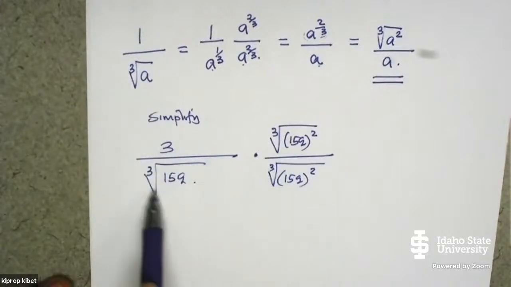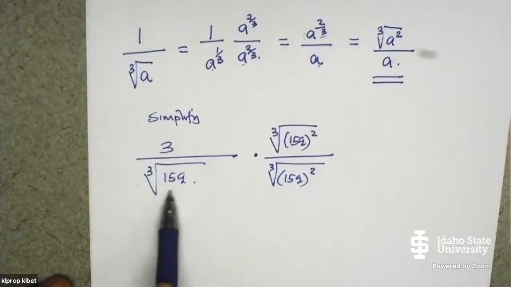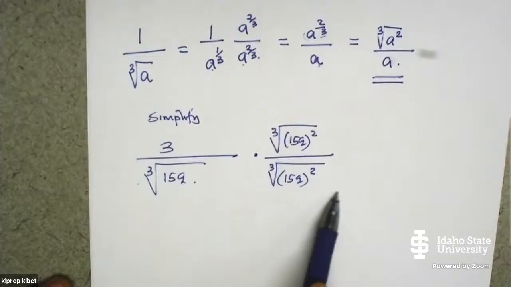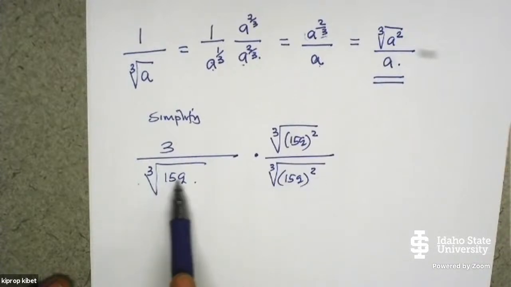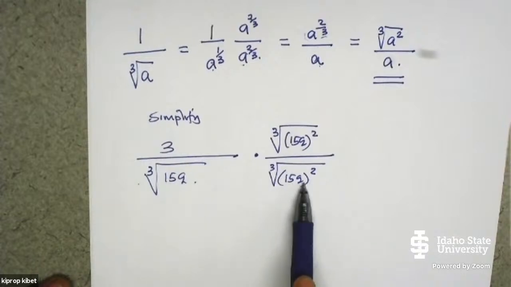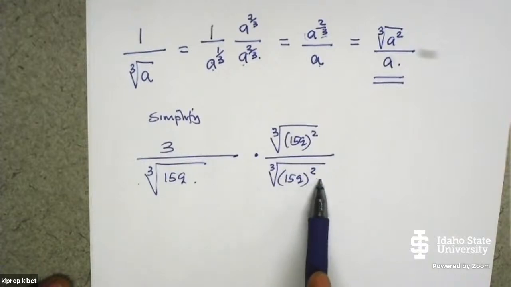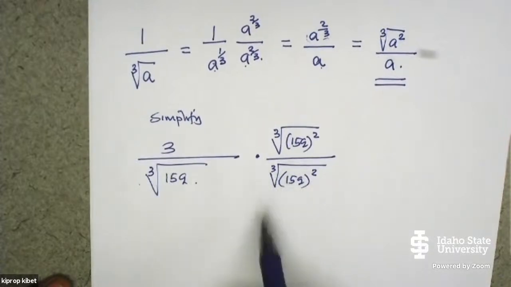We want to make the denominator 15 cubed, so 15 to the power 1 over 3 times 15 to the power 2 over 3 gives us 15 to the 1.